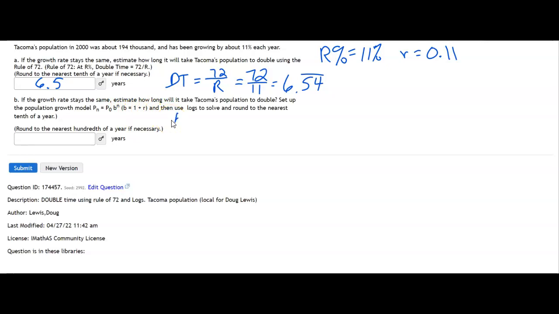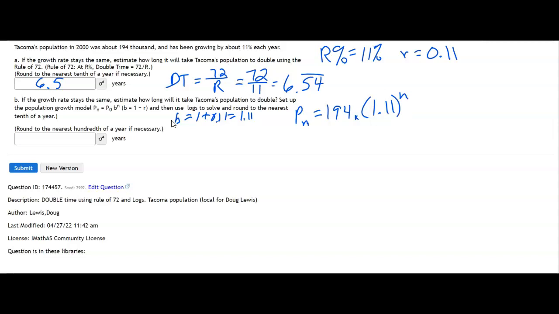So our b is going to be 1 plus 0.11, or 1.11. So our formula is P sub n is equal to P sub 0, that is the 194,000, and I'm just going to put a little k down there for 1,000, 194,000 times 1.11 to the n power.